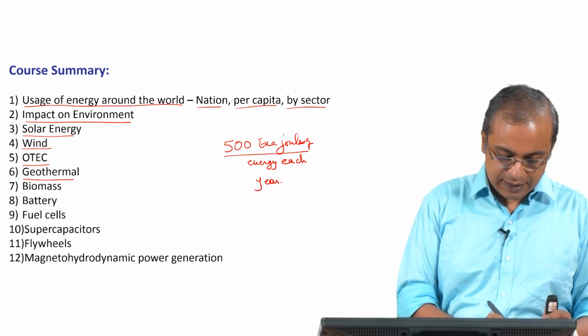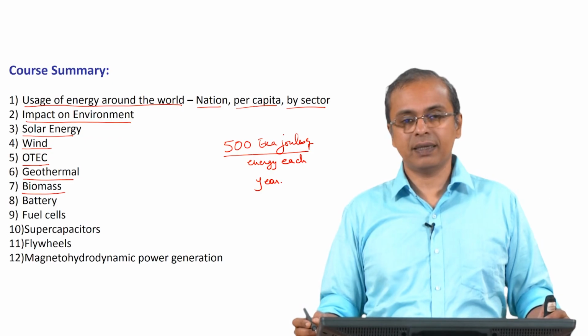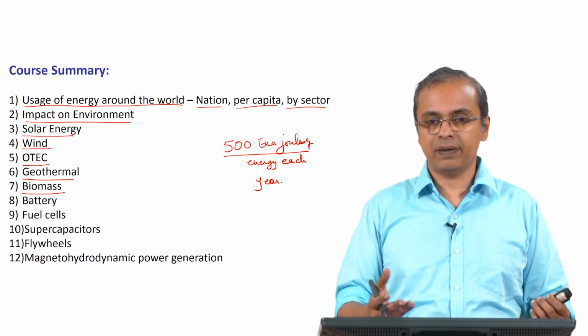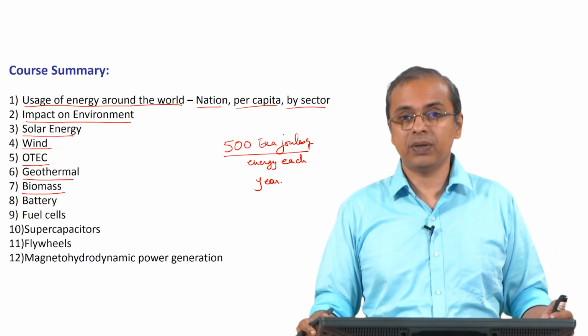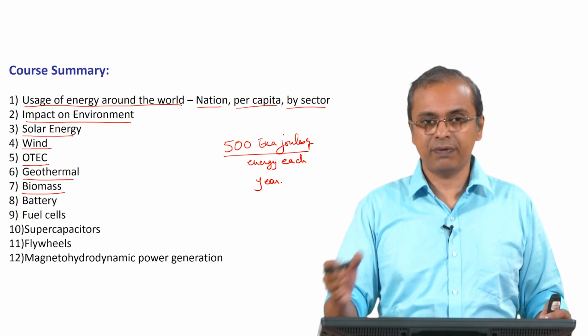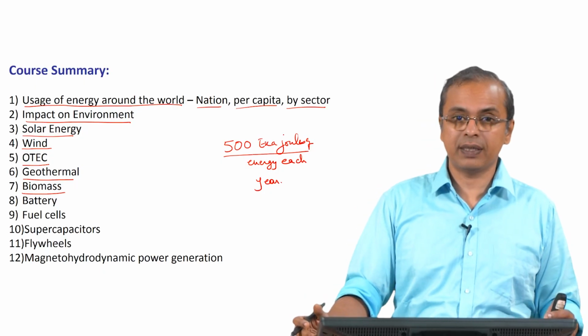We looked at biomass. Biomass basically implies that you are burning plants and trees and some product of plants and trees to generate your electricity, or converting corn to some form of liquid fuel and then using it.